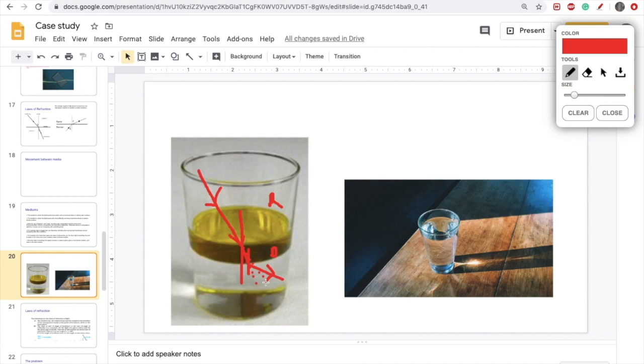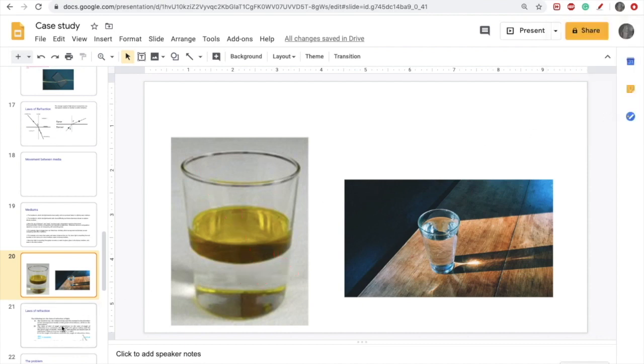So this is how it actually travels. It comes from air to kerosene, bends towards the normal because kerosene is denser. Then between kerosene and water, which is denser? Kerosene. So water is the rarer medium, so traveling from denser to rarer, it bends away from the normal.